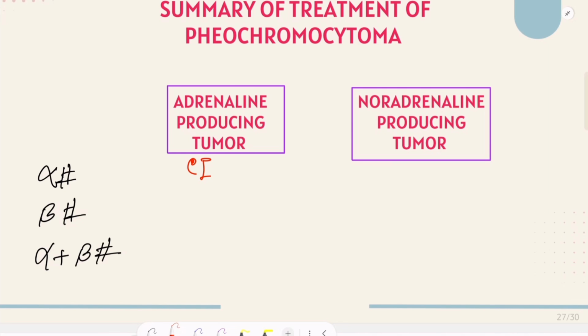On the other hand, an alpha blocker only can be used in a noradrenaline producing tumor without any problem. However, beta blockers alone are contraindicated in both types of tumor. Alpha plus beta blockers can be given in both cases. In fact, for an adrenaline producing tumor, the only effective treatment is the combination of both.